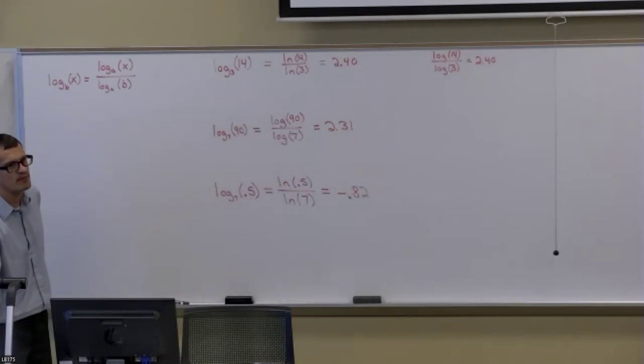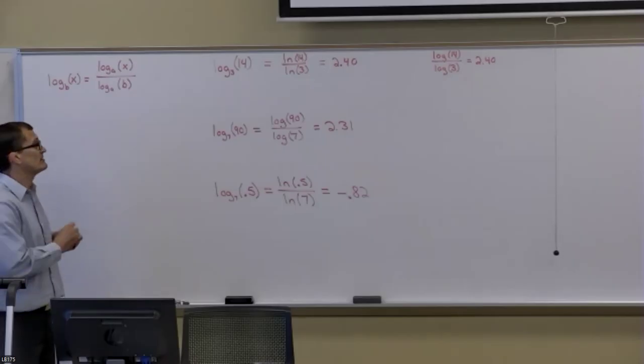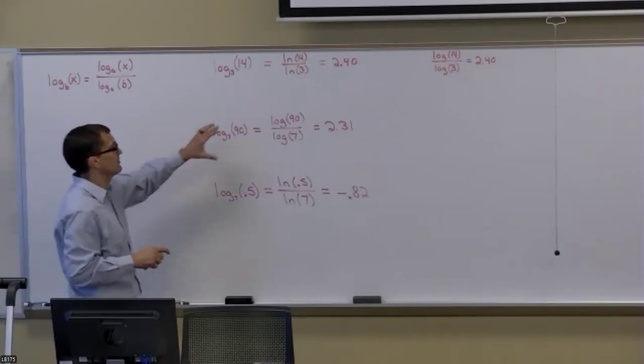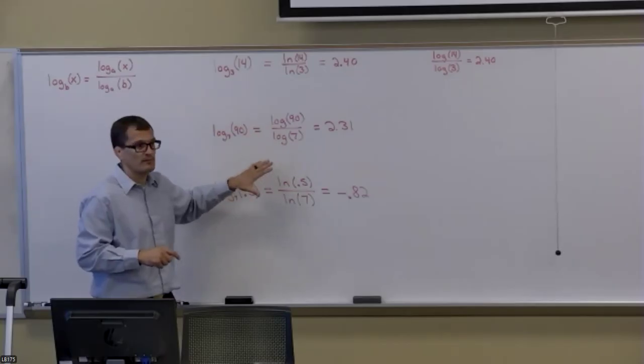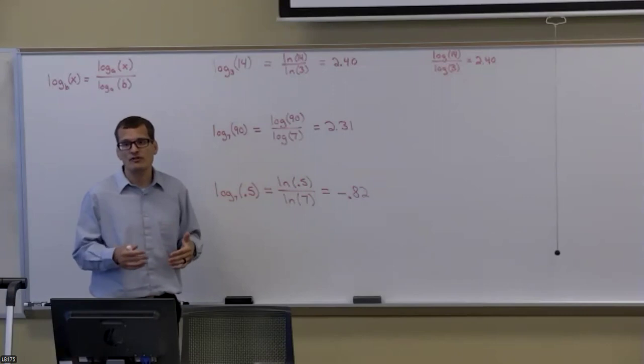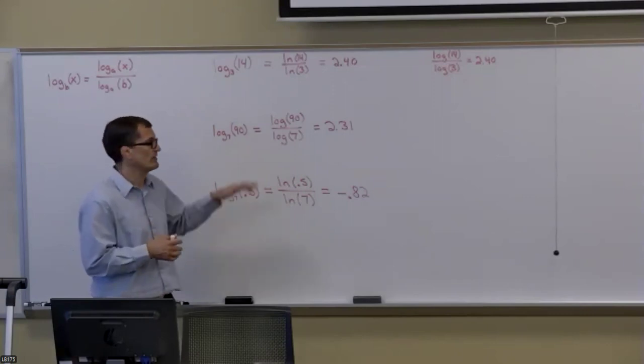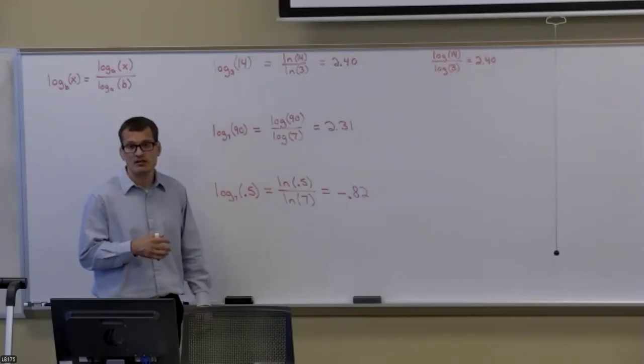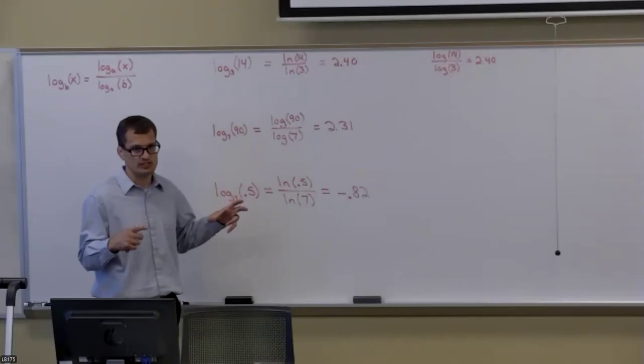Now, like I was saying, historically, this is always the way that was done, because people didn't have computing power, so they had to look up all of these rough numbers using log base 10 or natural log. It used to be on a big spreadsheet.